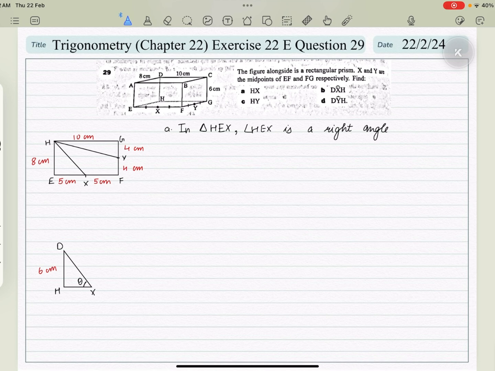And then we can state that HX squared is equal to HE squared plus EX squared because of Pythagoras theorem.